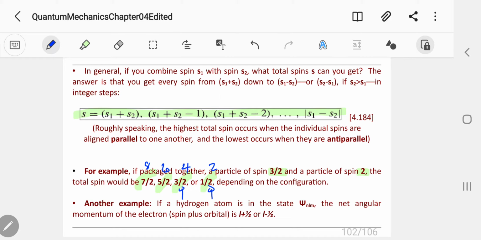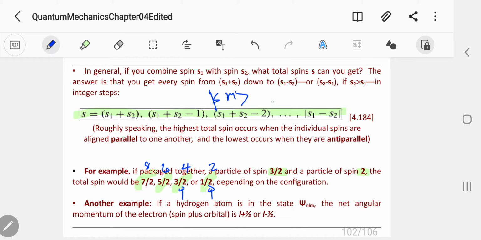So that's when you add S. Of course, S has different M's, no? So the state is always represented by that.